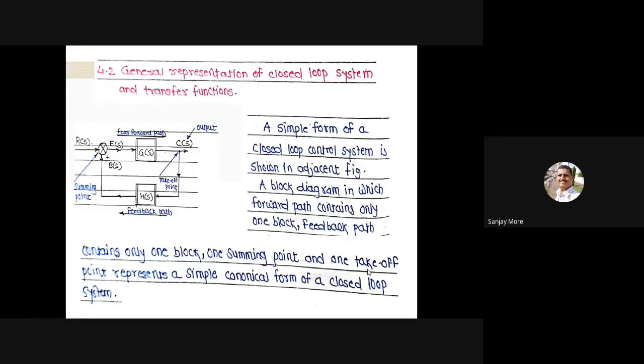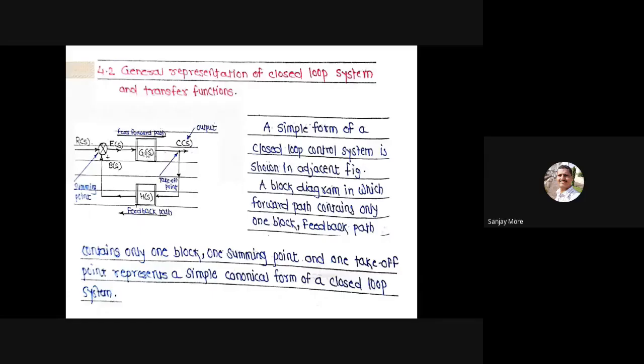In this closed loop control system, the transfer function is one block display only, or represents only one point. Means one block contains only one point.